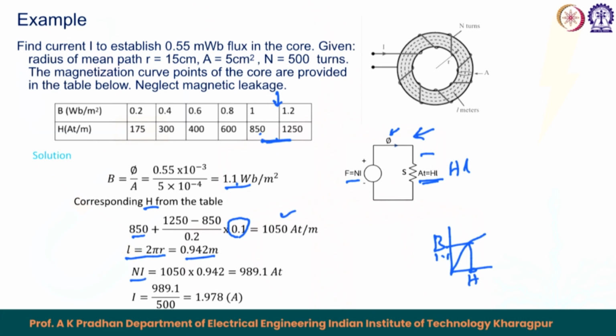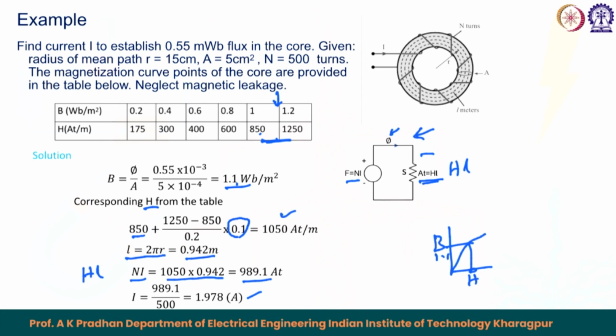So, N I equals H into L. That gives us 989.1 ampere turn, and therefore I equals ampere turn upon the number of turns, 500, which gives the corresponding current to be 1.978 ampere for this case.